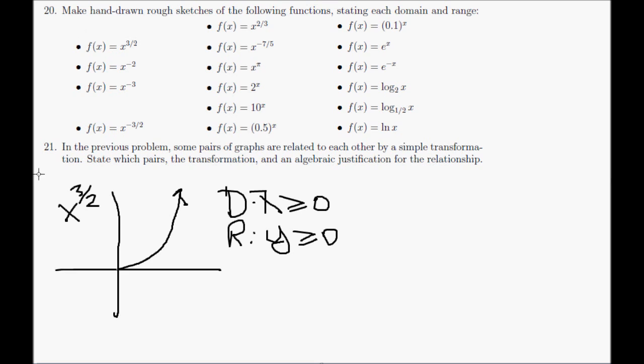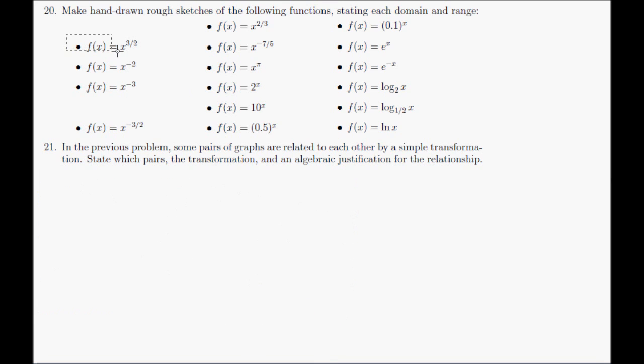So let's continue on with some other positive exponents. Let's now take a look at x to the 2/3. For x to the 2/3, it is perfectly permissible to plug in a negative number. A negative number to the 1/3 power is perfectly well defined. So the graph of this is going to be something between x and the graph of x to the 1/2.